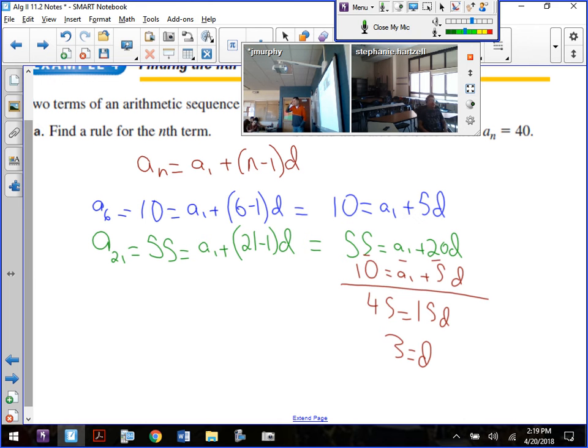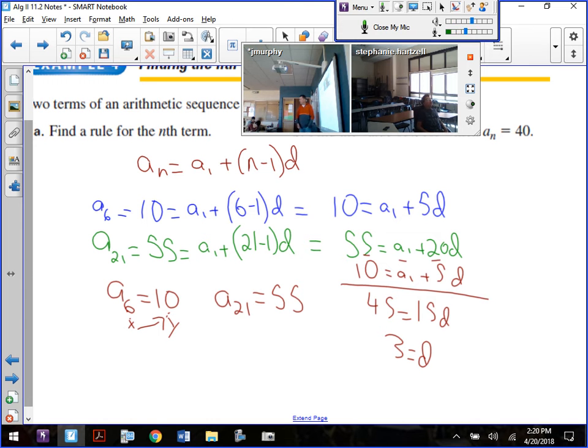Now, what Abby did here real quick, she remembered that the sixth term is 10, and the 21st term is 55, which means substitute a value of x to generate a y, f of x. So this is your x value, that is your y value.